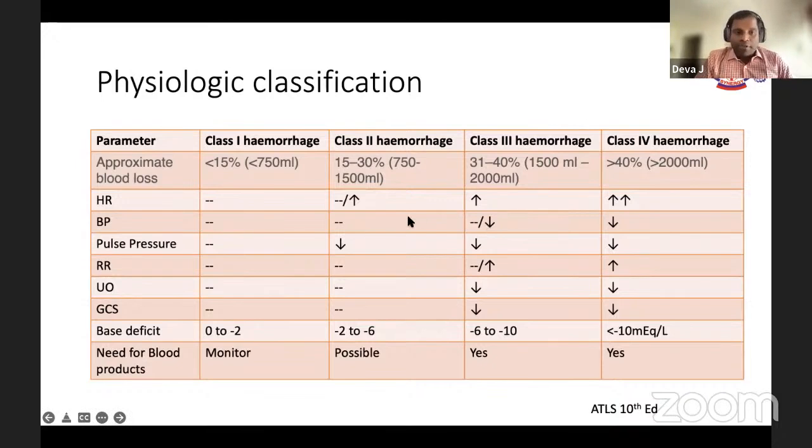So it is important to remember that you can still be in shock with a normal blood pressure, because the compensatory mechanisms kick in to maintain the mean arterial pressure to keep the organs perfused. This is a common mistake I see people making, not just trainees, but even consultants, saying, oh, he's not in shock, his blood pressure is normal.